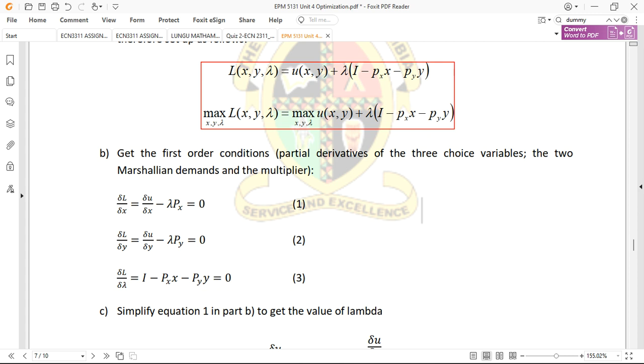This comma sign here means partial derivative. So if we want the partial derivative of L with respect to x, we are just going to differentiate this function throughout with respect to good x.